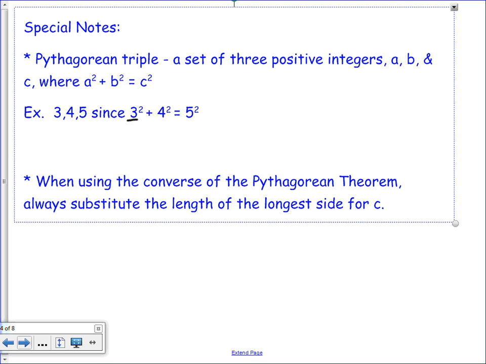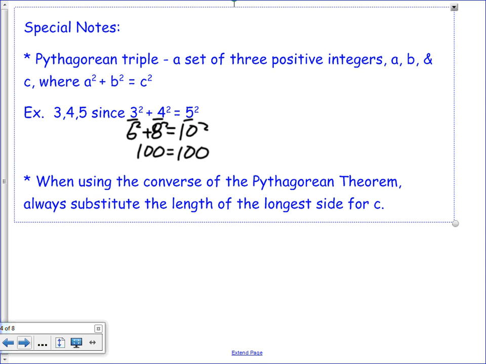If you double this, it'll be 6, 8, and 10. If all those are squared, yes, they will be equal. This side will be 100, and the other side will be 100.